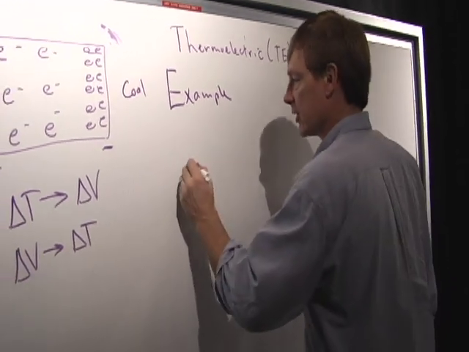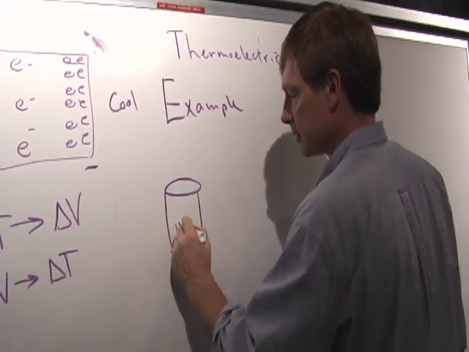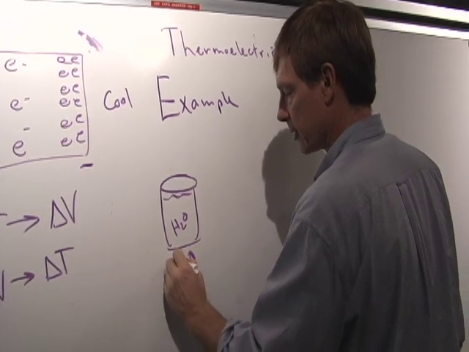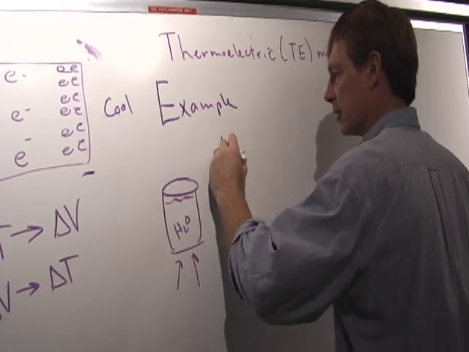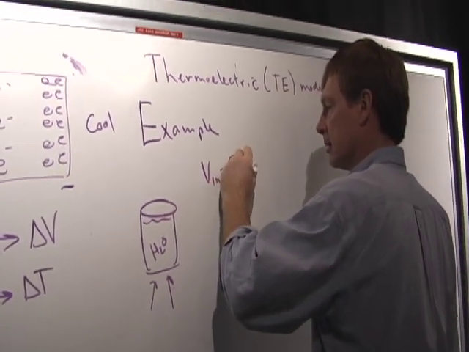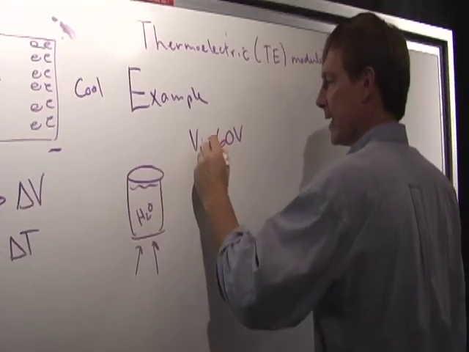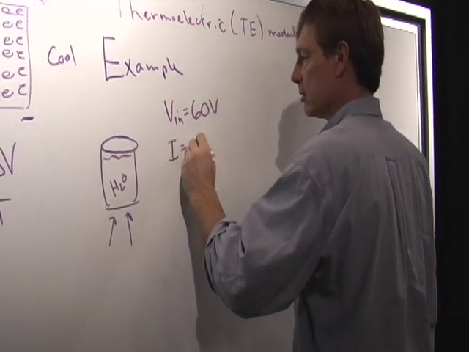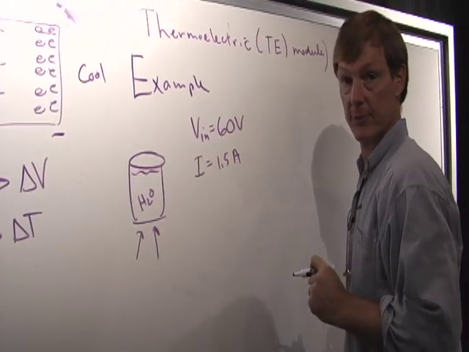So let's say I've got this container here, but I've just put water in it. And I put electrical power into it. I'm going to put in 60 volts, and a current of 1.5 amps.